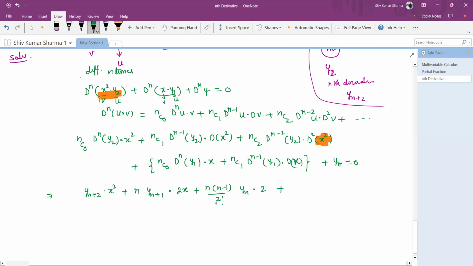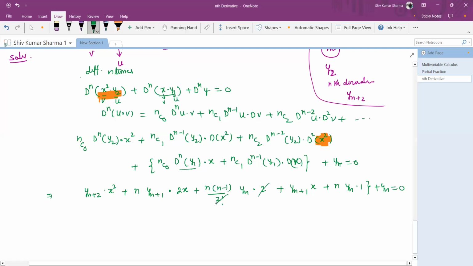Plus nc0 is 1, the derivative of y1 is n times, so we write yn plus 1 into x, plus nc1 is n, and the derivative of this is yn into differentiation of x is 1, plus yn is equal to 0.